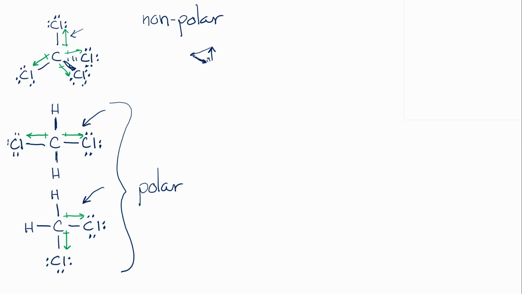two chlorine atoms in the plane of the page. So I'm going to put one of them up, coming down to the carbon, and then another one off at an angle of 109.5. One of the hydrogens coming out of the page, and another one going into the page.